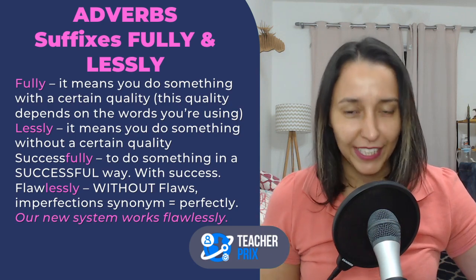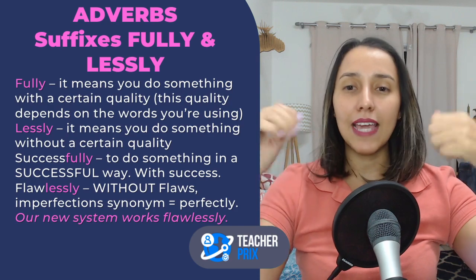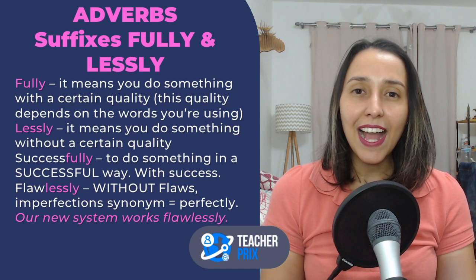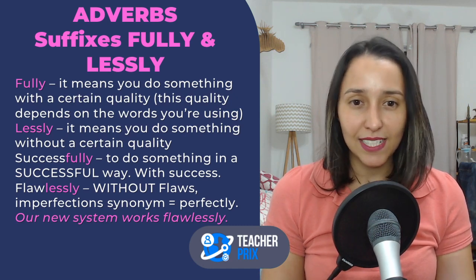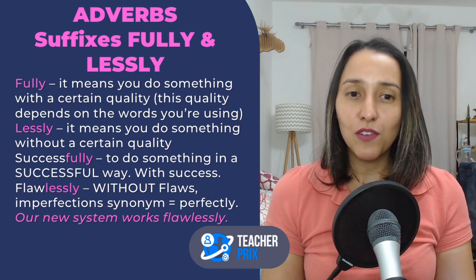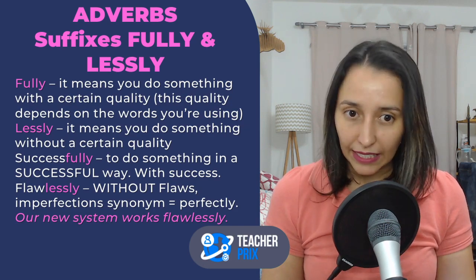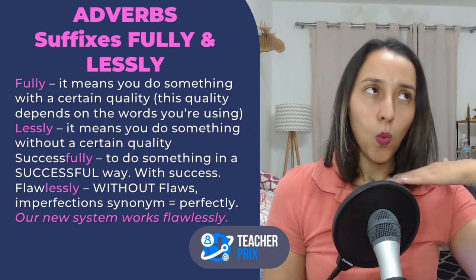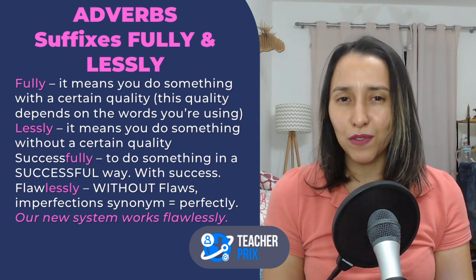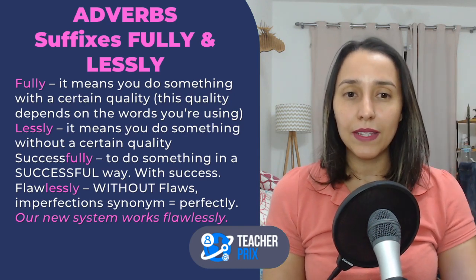Flawless victory. Why flawless victory? Perfect. Maybe in this game, during the match, your opponent could not punch you. So you had a perfect win, a flawless win, without any flaws, without any imperfections. So flawlessly is to do something perfectly. So our new system works flawlessly. Hello? I could say works perfectly, but here I'm just showing you flawlessly just to complement the explanation.